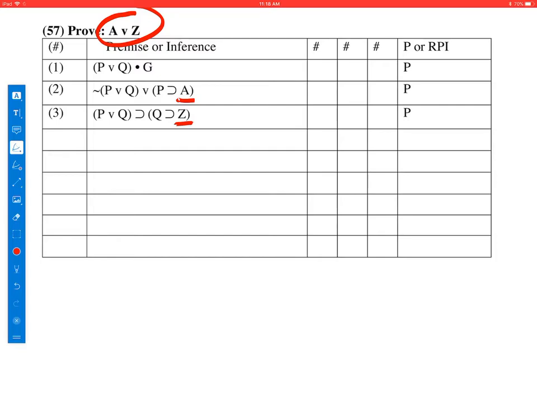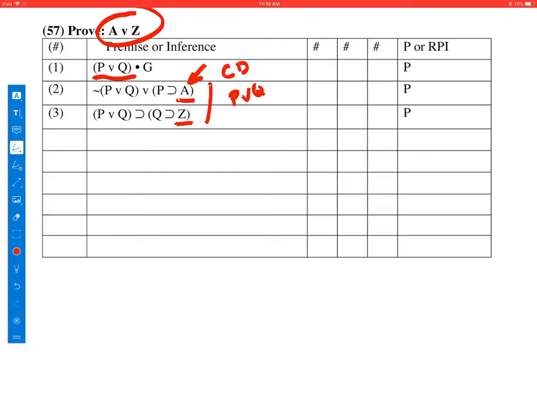Look at lines 2 and 3. I see the first disjunct in a consequent, and I see the second disjunct in a consequent, which makes me suspicious. It makes me think that we're going to use a constructive dilemma, and in order to do a constructive dilemma, I would need P or Q, which I see is on line 1, so now I'm pretty certain it's constructive dilemma.